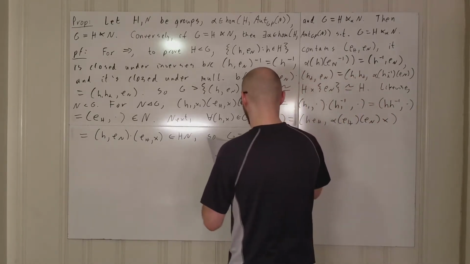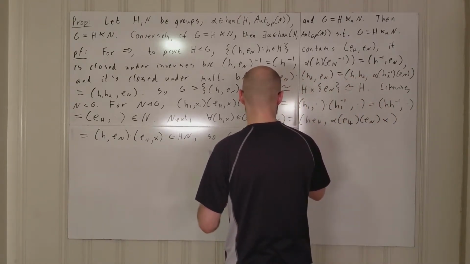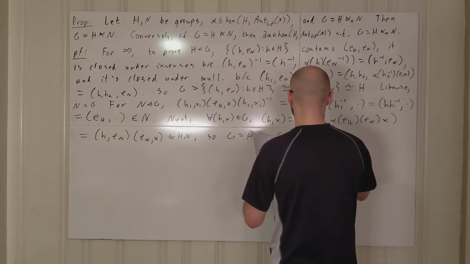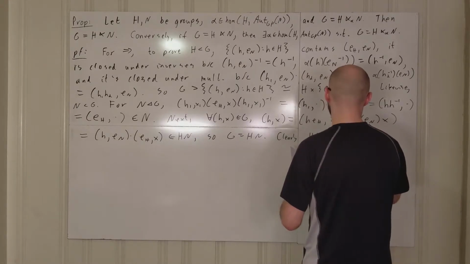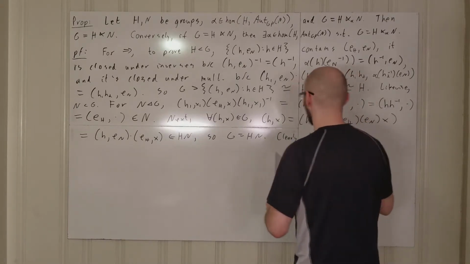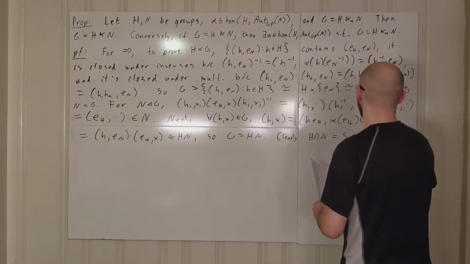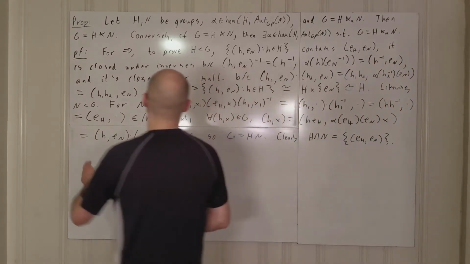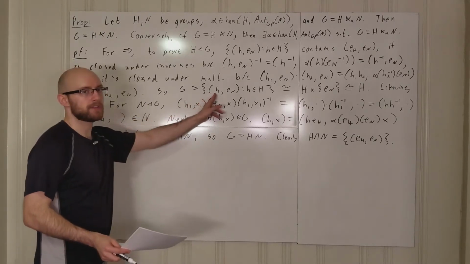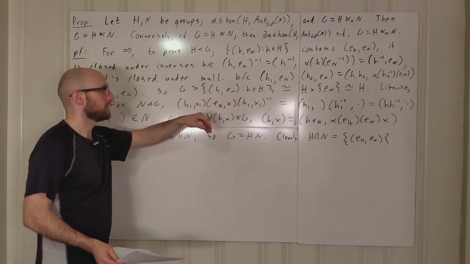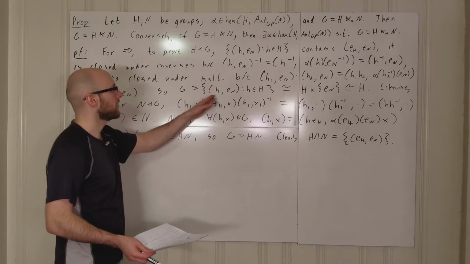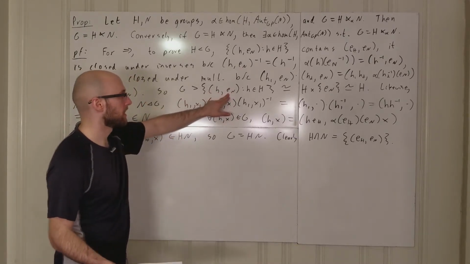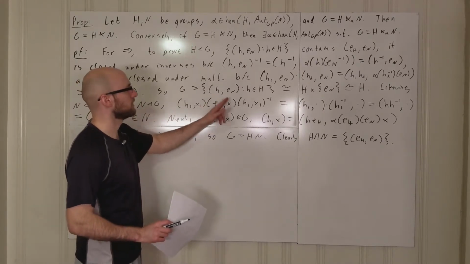Okay, clearly, H intersect N is going to be just the element e-n, because when we look at these as subgroups of G, H is just things where you have h here and then you fix e-n, and N is you have e-h here and then you can have this be anything in N. When you intersect those two, you're just left with the identity here and the identity here.